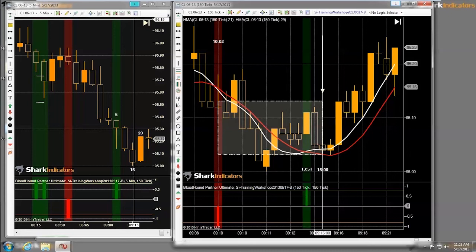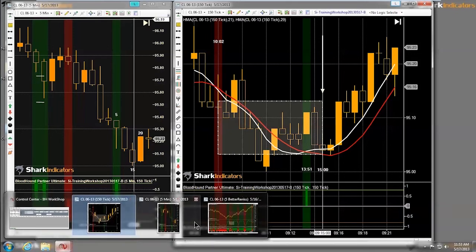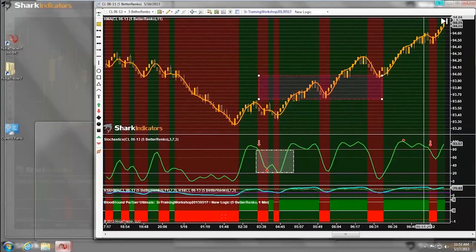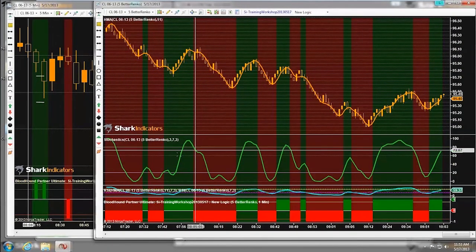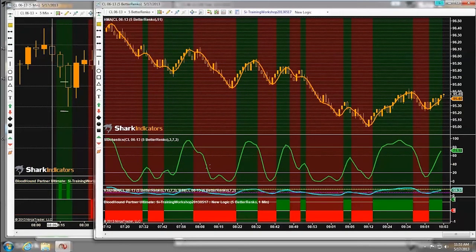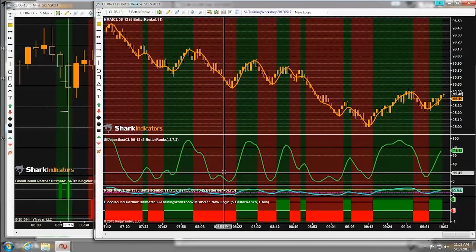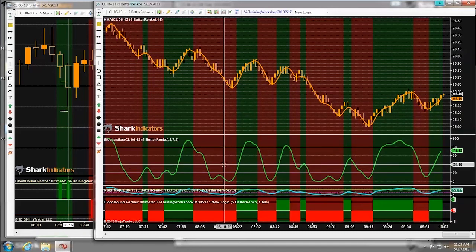It's just an example of how to build conditions within BloodHound. I know that some coaches teach a system where a lot of coaches and traders have various indicators that give them a long bias and a short bias, and they want to implement those biases into BloodHound.